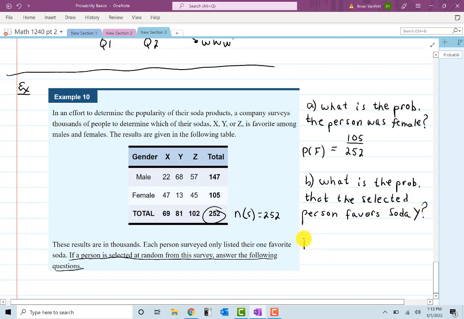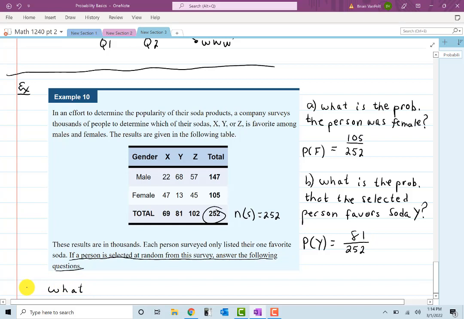Once again, if I look at the probability of Y, we already know that there's 252 total. For Y, all we have to do is look at the Y column. We have 68 males liked soda Y and 13 females liked soda Y for a total of 81 together. And you could leave the answer like that.